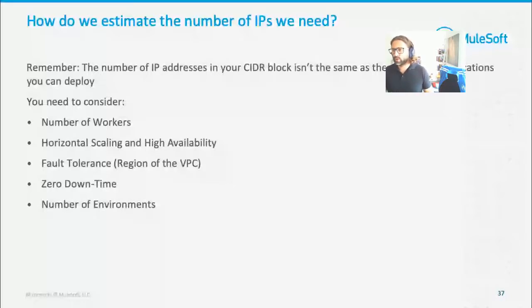So you need to look at what region you are deploying to and how many availability zones you have in that region. For example, if we are creating our VPC in the Frankfurt region, which has 3 availability zones, that means that if I want to provide fault tolerance under the downtime of an availability zone, I need to create at least 3 workers for that application, which means 3 IPs for the same application.